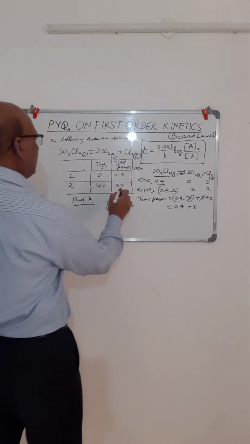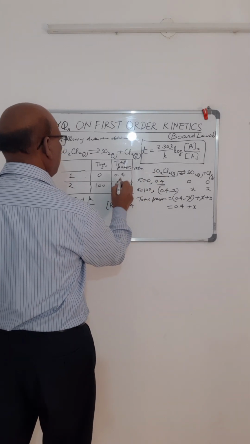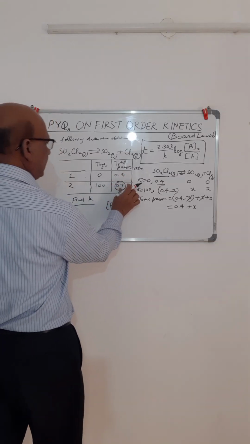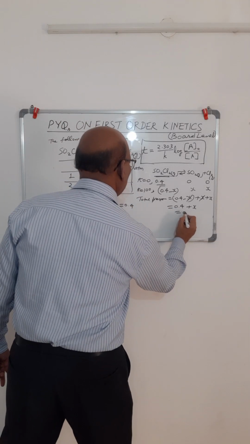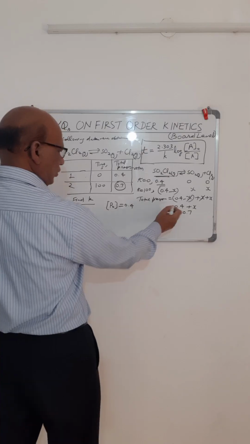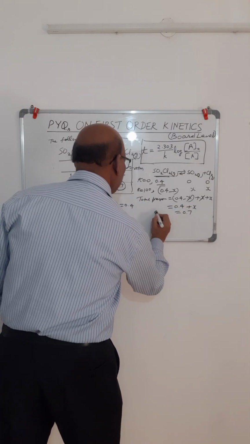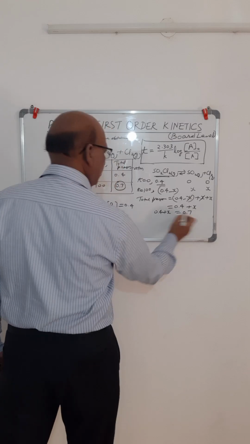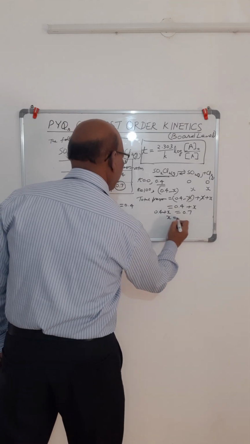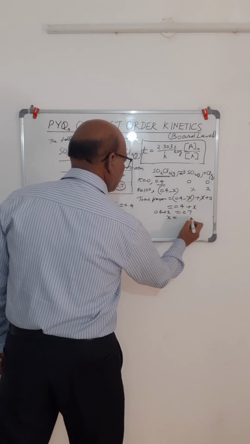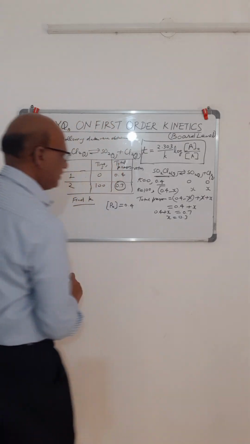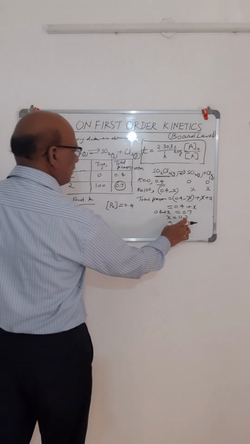Okay, now we are given that total pressure after 100 seconds is 0.7. So we can equate: total pressure is 0.7 and this is 0.4 plus x. So 0.4 plus x equal to 0.7, so x will be 0.7 minus 0.4, that is 0.3. Okay, now we know the value of x.